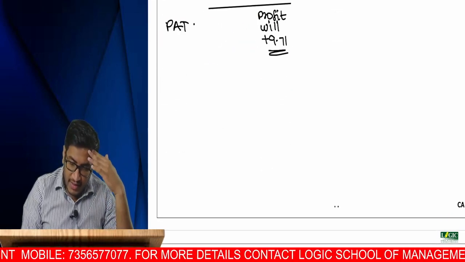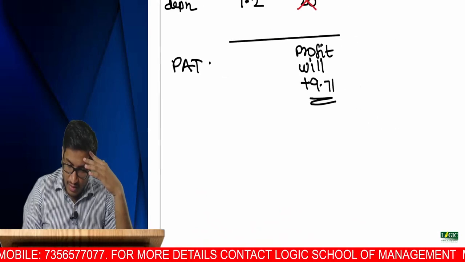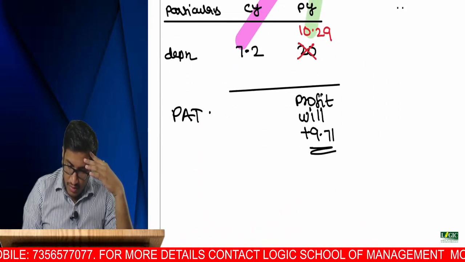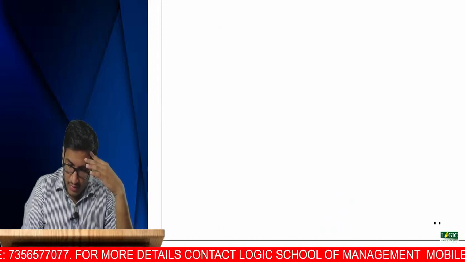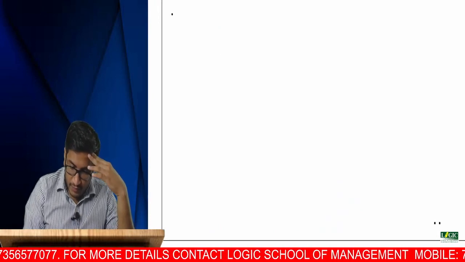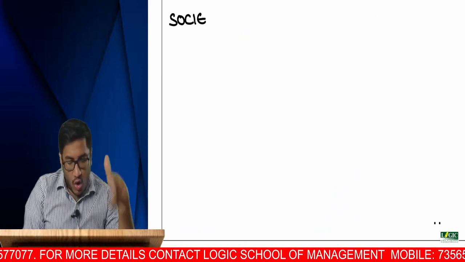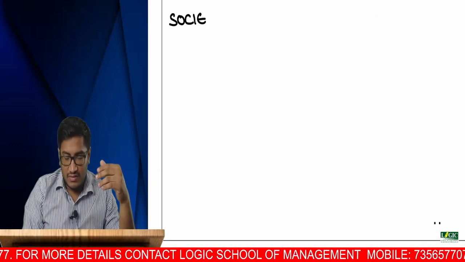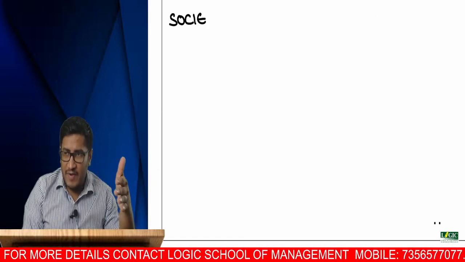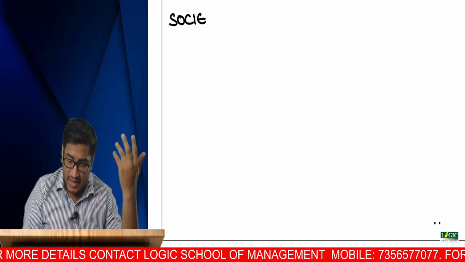Now, if I see my SOCI, how am I going to present my SOCI? Statement of changes in equity. So always I'll try to present which year first. Instead of preparing current year, I'll try to prepare previous year first, isn't it?